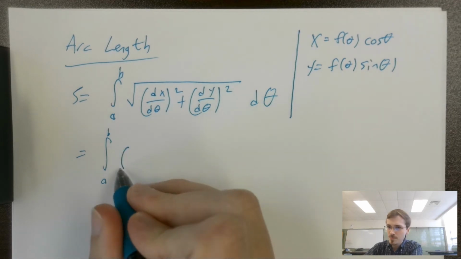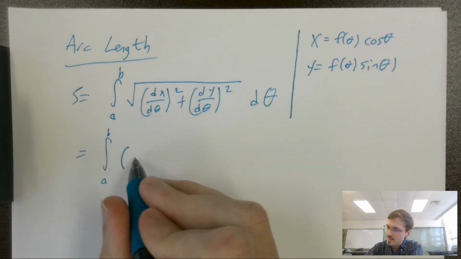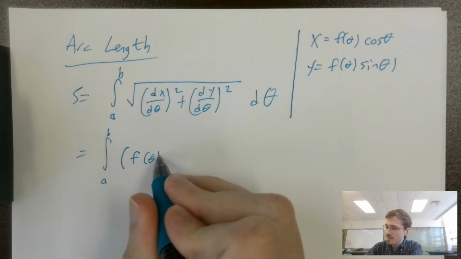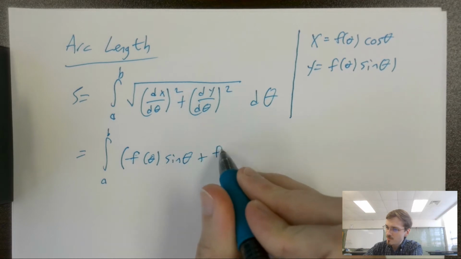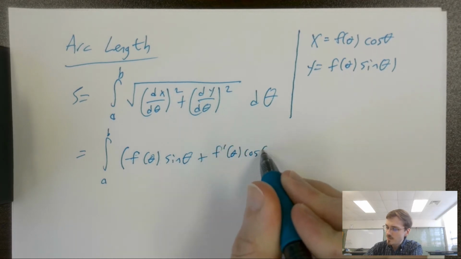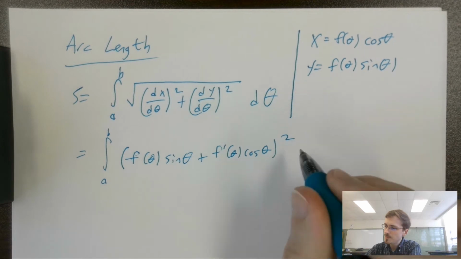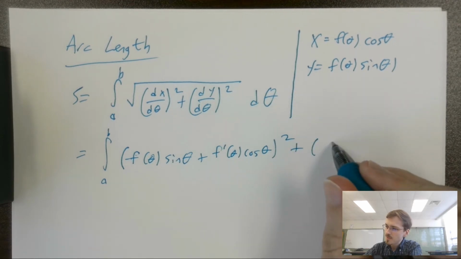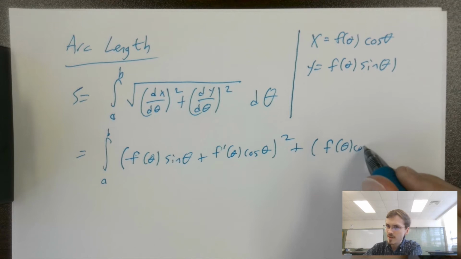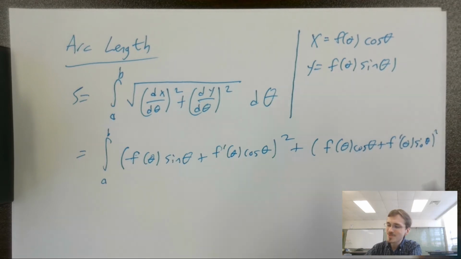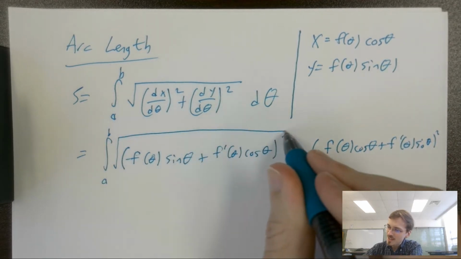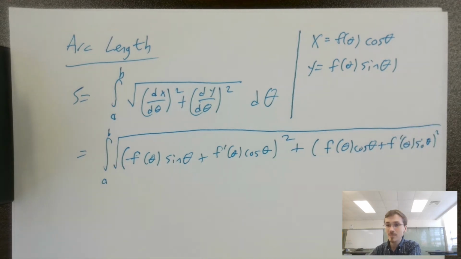We wrote on the previous page that this is going to be f of theta times negative sine theta plus f prime of theta times cosine of theta, quantity squared, plus f of theta times cosine theta plus f prime of theta times the sine of theta, I'm running out of room here, all squared, and a big, giant, friendly square root on top with a d theta shoved at the end.